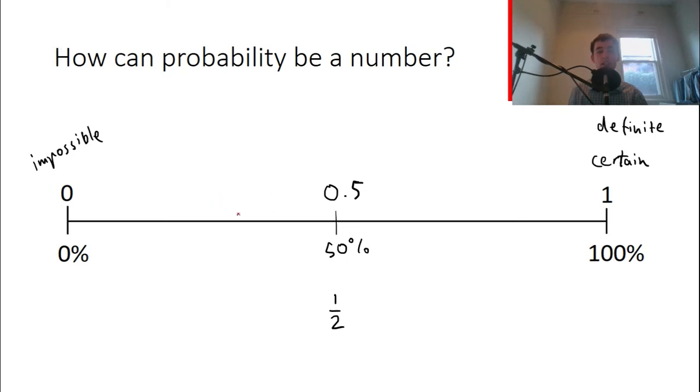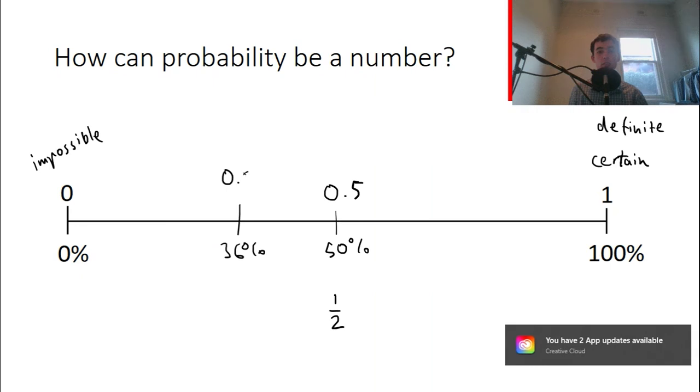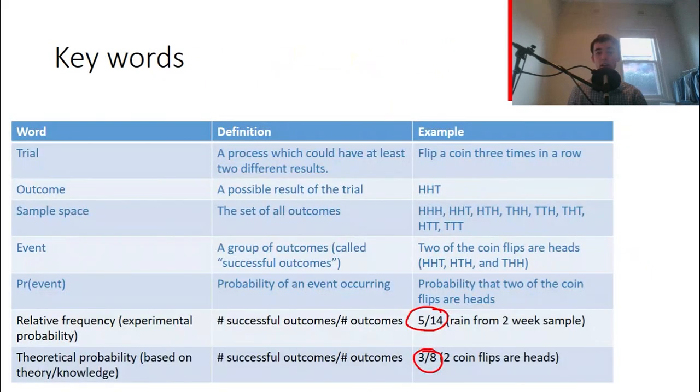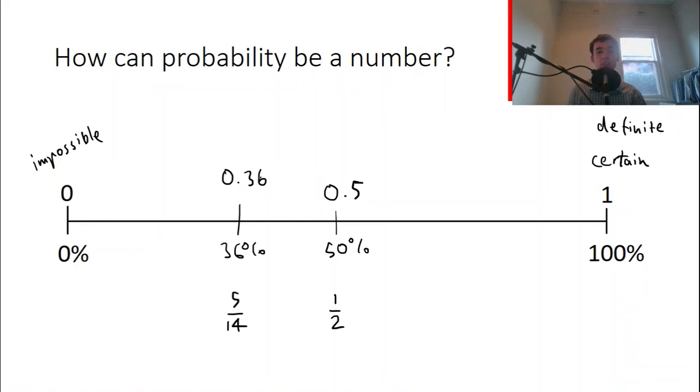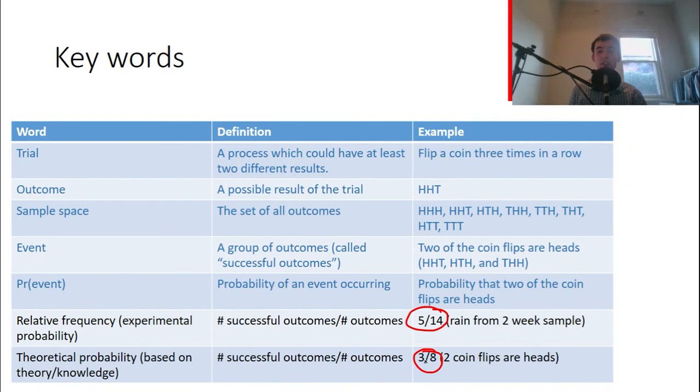So it was around 36%, and we'll write that down. 36% around here. 0.36 roughly, and 5 over 14 was our actual fraction. And then we had 3 over 8, and I can just tell you that's a very similar probability actually. That's 37.5%. So that'll be somewhere around here. So actually, even though these two fractions look very different, they're actually a very similar probability.